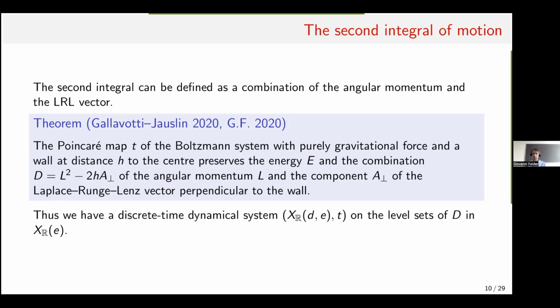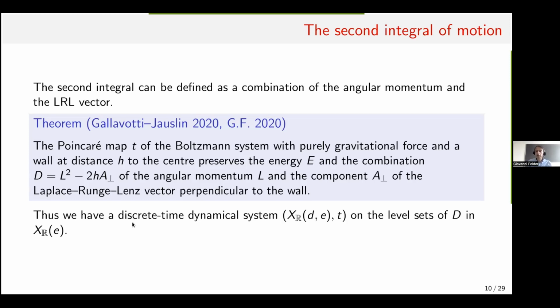So this would be the component of the vector which is perpendicular to the wall. There is some relation between the radius that I was mentioning before, the radius of that circle on which the second focus moves, and this d and the energy. But this is another possible formulation of the fact that we have an additional integral of motion.